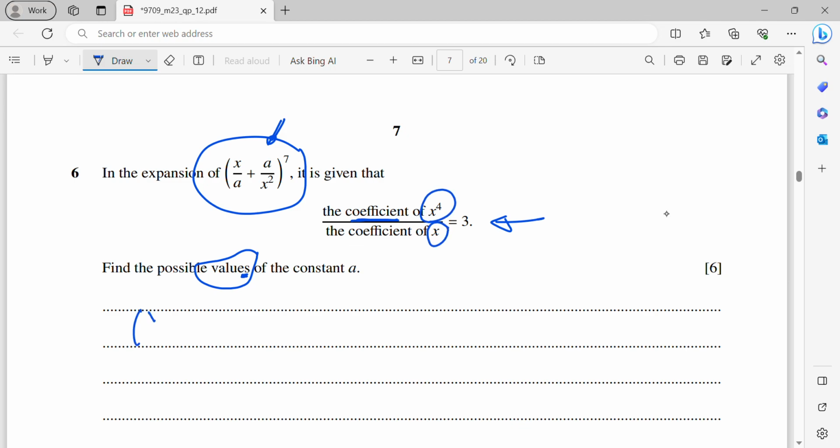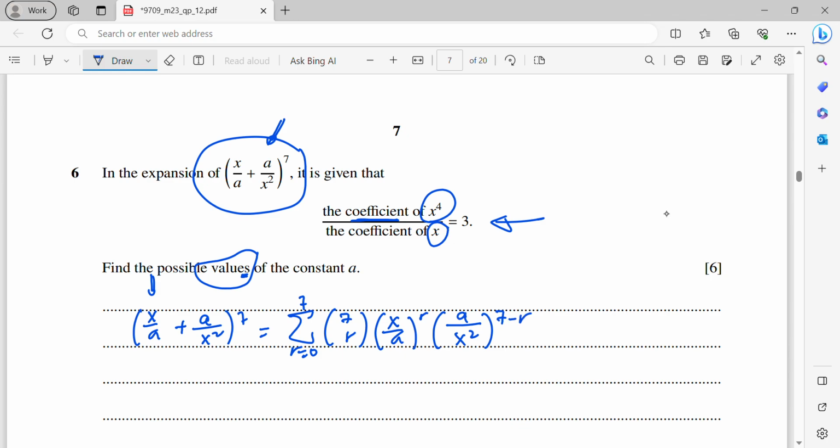So I will just use the expansion formula. This is the same as the summation of 7Cr, r starting from 0 until 7, first term, which is x over a, to the degree of r, second term to the degree of 7 minus r. Then I will split the x and the a. So r from 0 to 7, it will be 7Cr here.